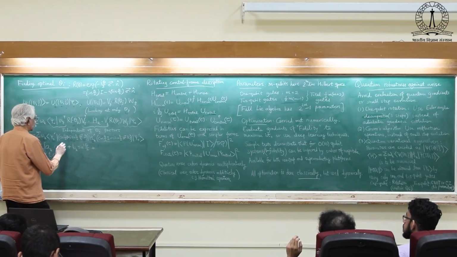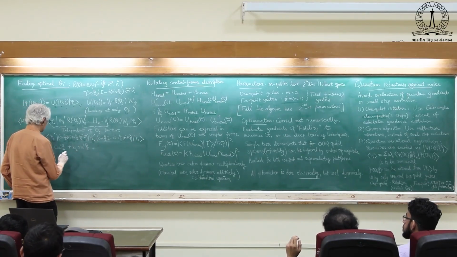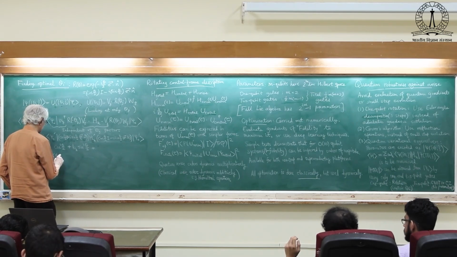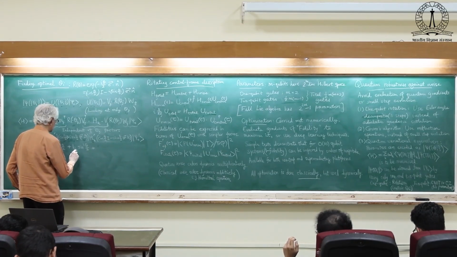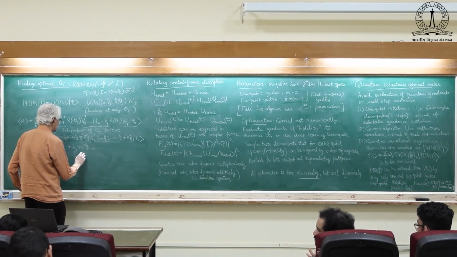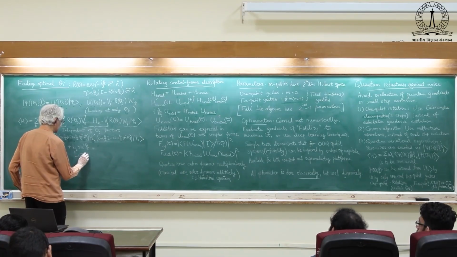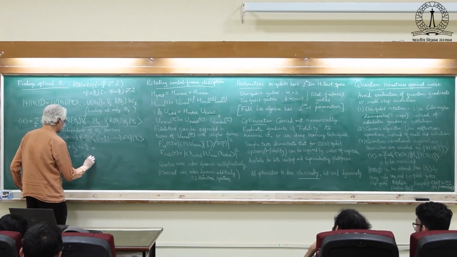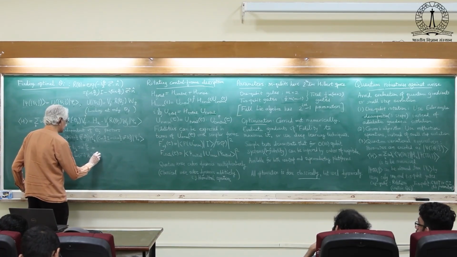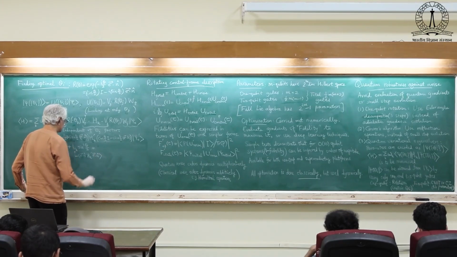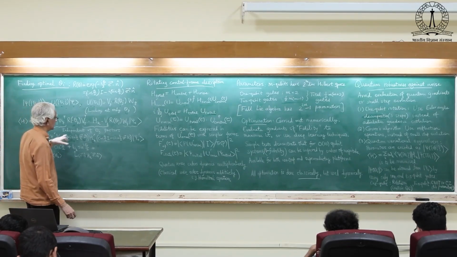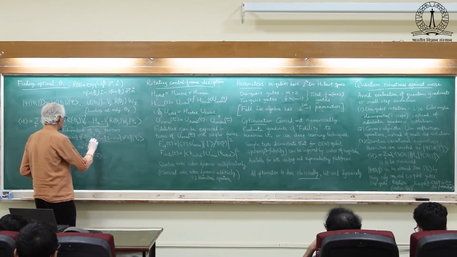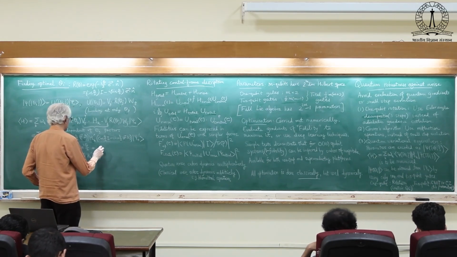This is psi 0 prime hk prime, so this is the expectation value of hk prime. This one is the expectation value of sigma dot n hk prime. These expectation values are with respect to psi 0.